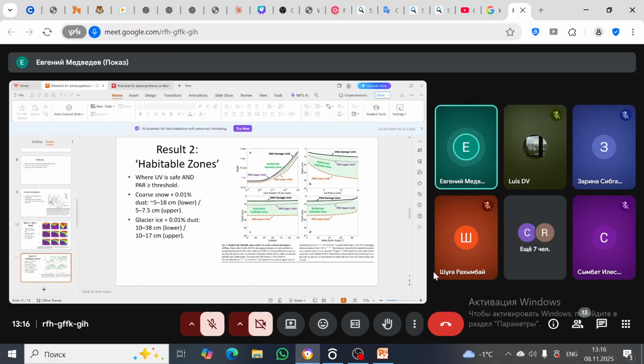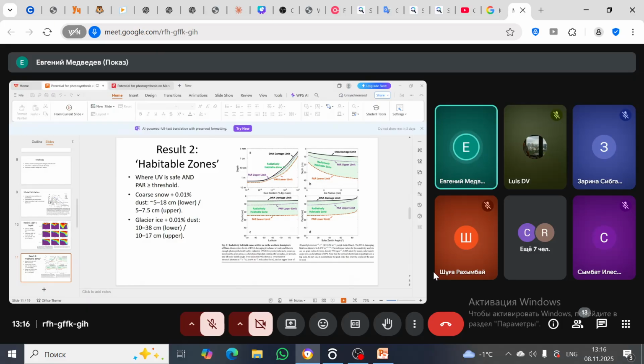And about mission and experiment ideas, a search strategy for a rover or lander. It's shallow drilling. They should drill centimeters or tens of centimeters.